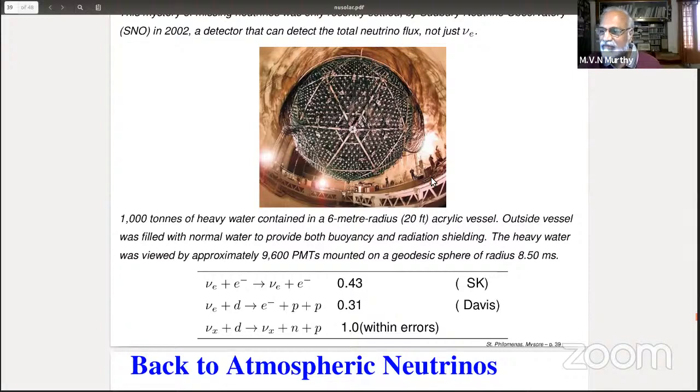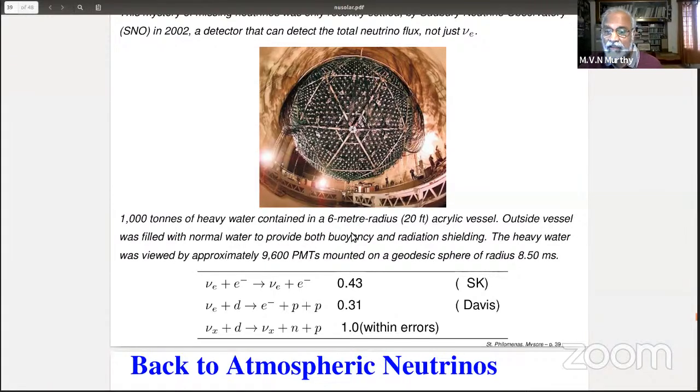It's suspended from the roof, and outside the vessel you have some normal water, and then you have the photomultiplier tubes all around. These photomultiplier tubes that you can see here are like the eyes. They are looking into the detector, and they can detect whatever happens inside the detector. And this experiment had the ability to look at electron neutrino scattering on electrons; the recoil electrons they could detect.